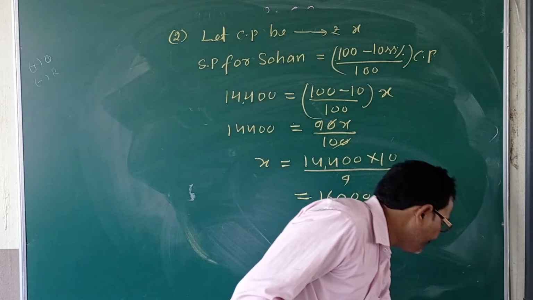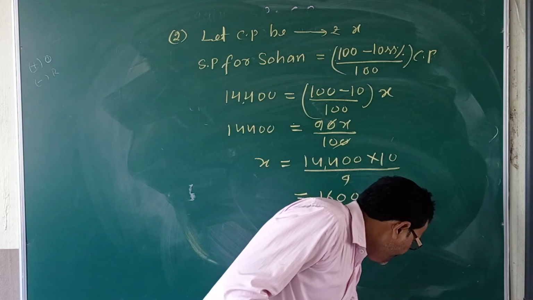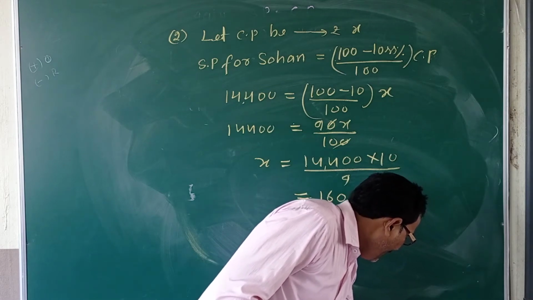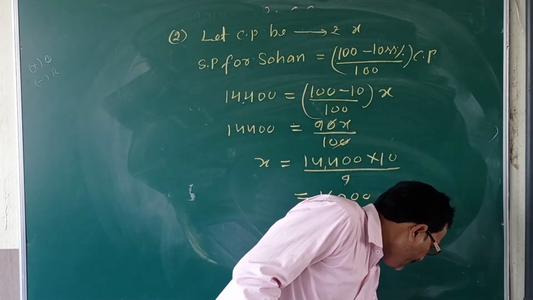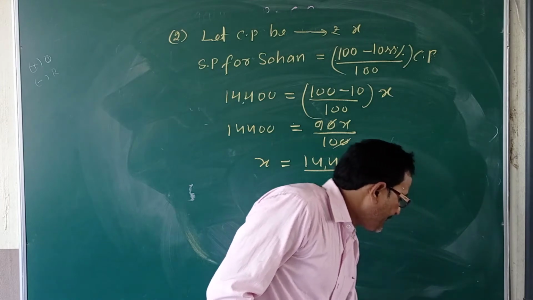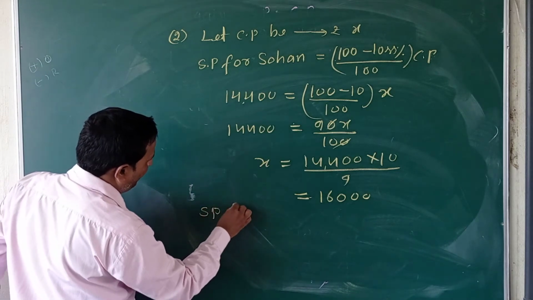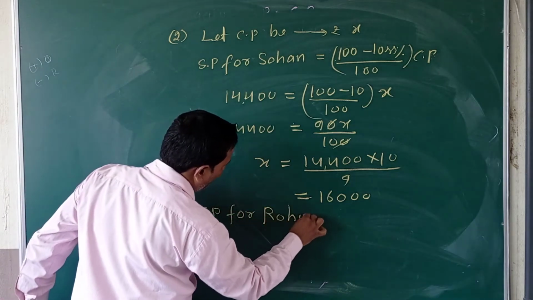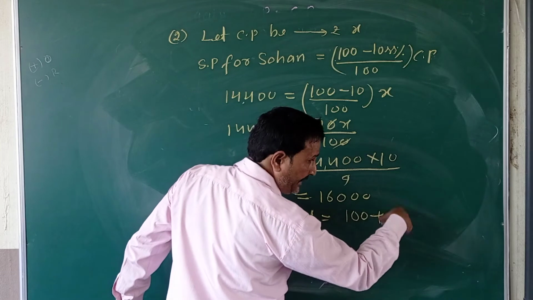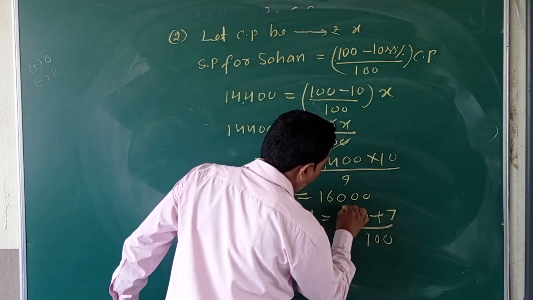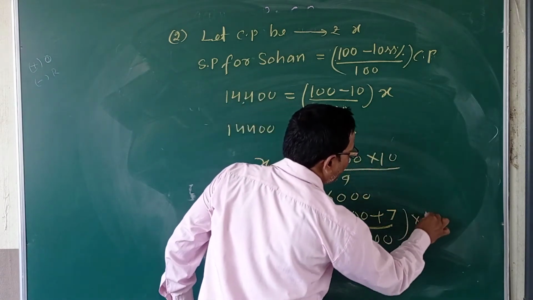Now the question is: at what price should Rahul sell this music system so as to earn a profit of 7%? Now SP for Rahul. He wants to gain, so 100 plus gain percent upon 100 into CP. CP is the same, 16,000.